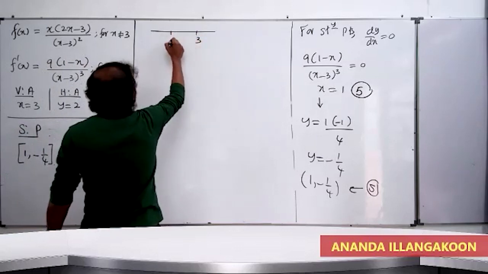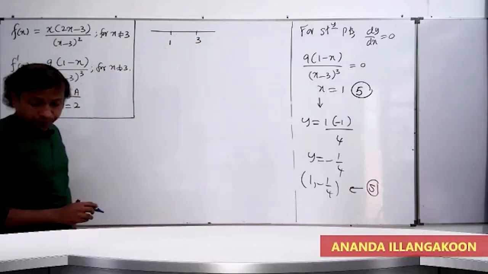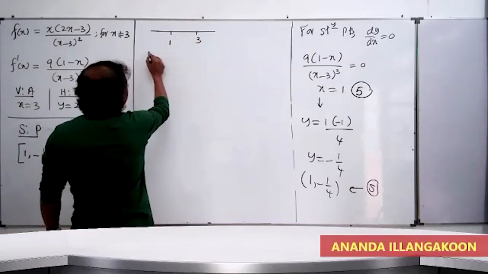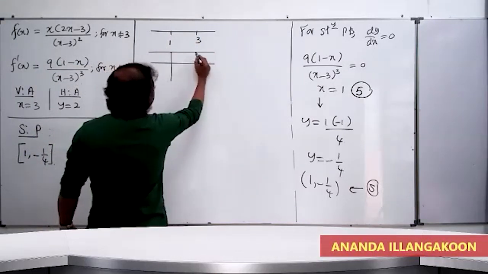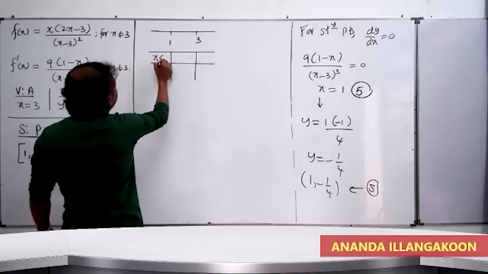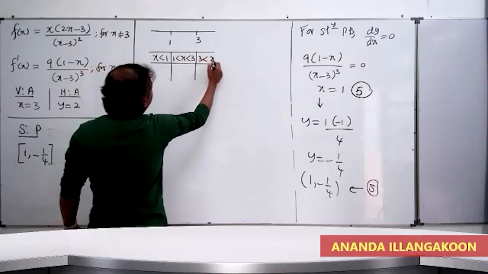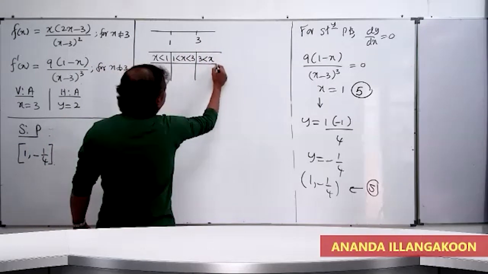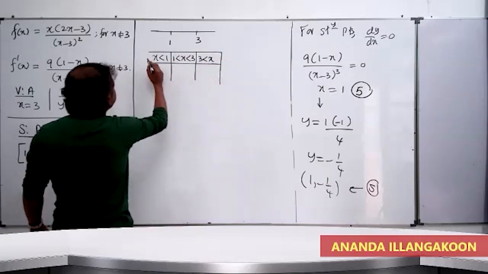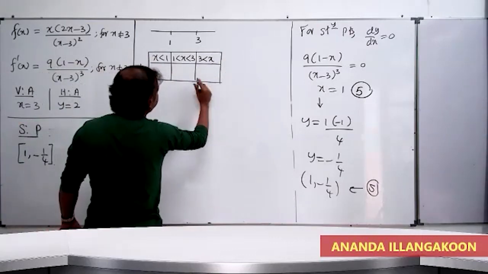Only 3 columns we have: less than 1, between 1 and 3, and greater than 3. f dash x or dy by dx, whichever, never mind, both are the same.